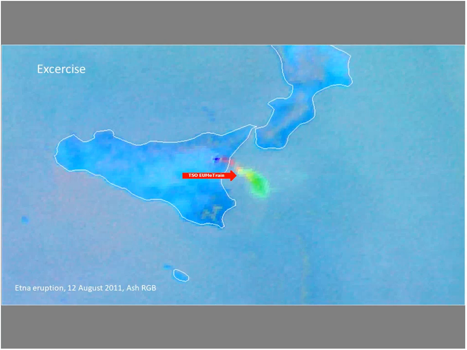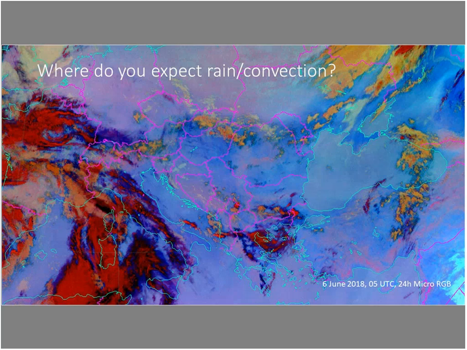Okay, so let's continue. I'd just like to ask you, so you see this 24-hour microphysics RGB. It is summertime, June. It's 5 UTC, so it's morning in Europe. I would like to ask you, in this region on this map, can you please mark the area where you expect afternoon development, so convective storm, convective rain, convection in the end.